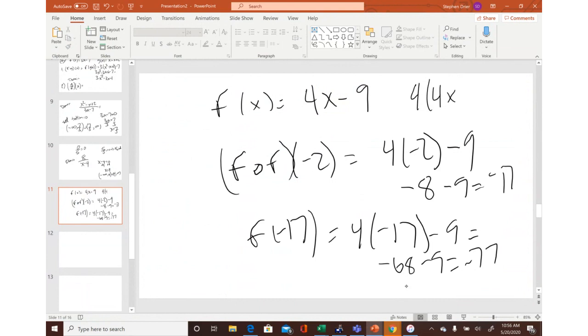So then I distributed, and then subtracted or combined. And then from there, I put the x with the negative 2, and then combined it. Negative 77, same thing. Okay. All right. So you're good.